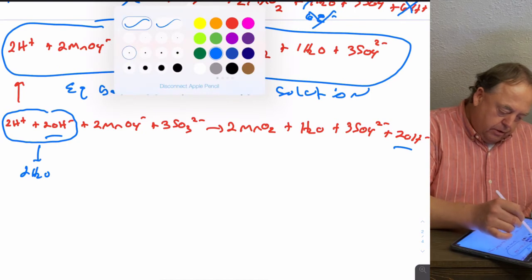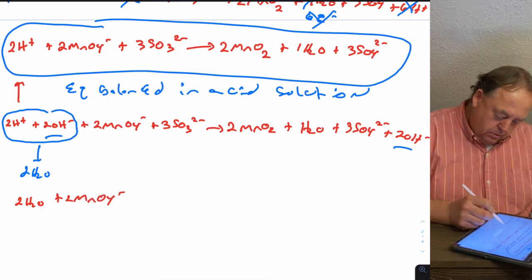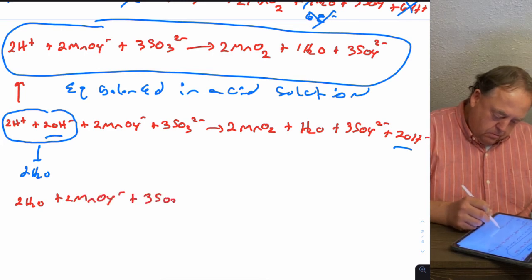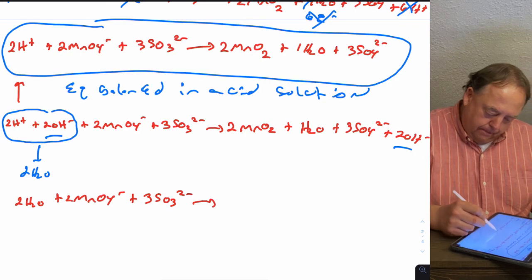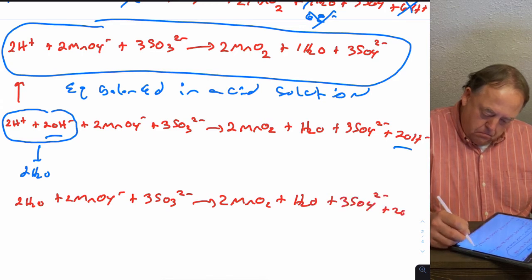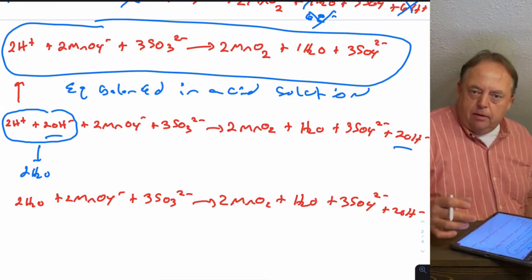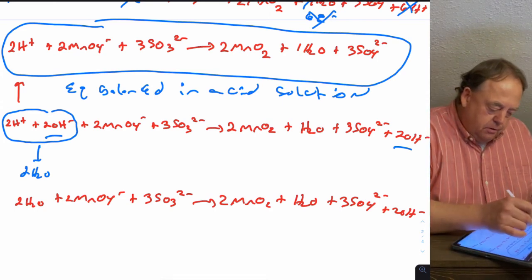So now we can rewrite the equation again. So now we have 2 H2Os. And now what we want to do is let like terms on both sides of the arrow cancel each other out.